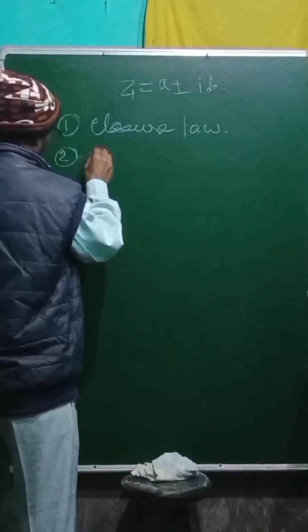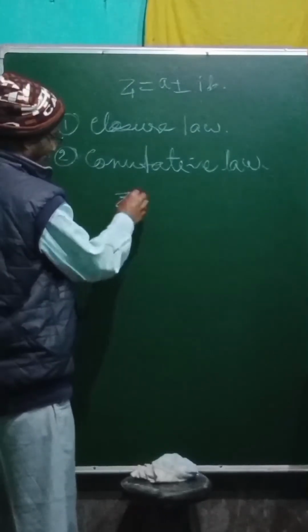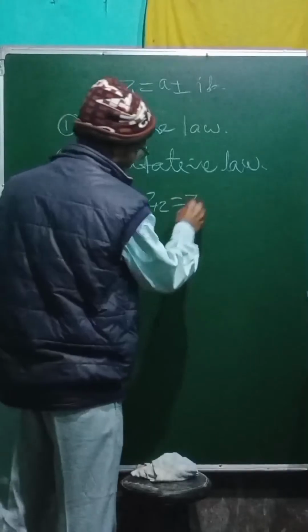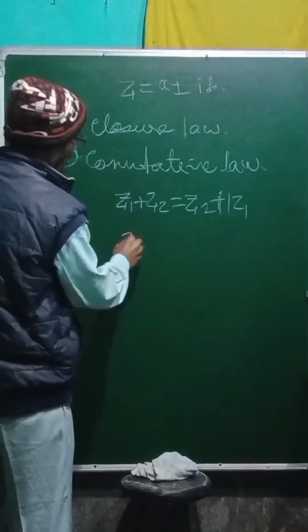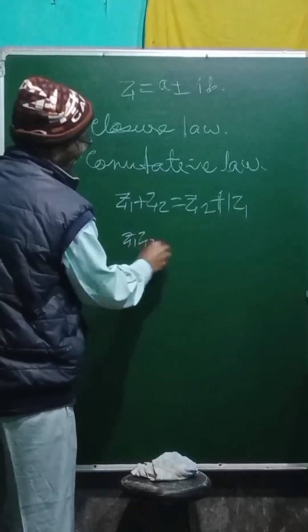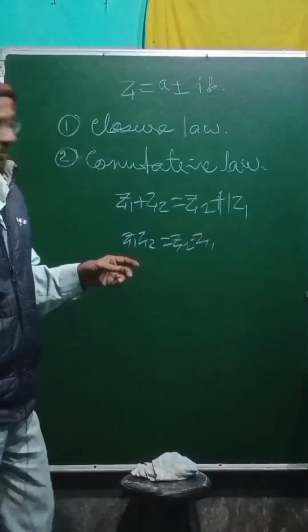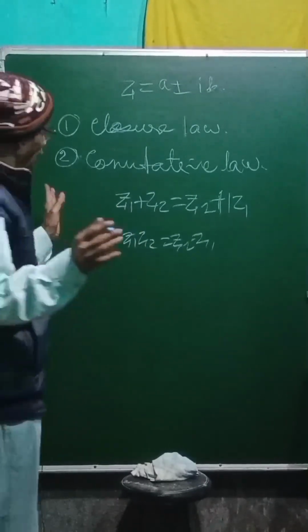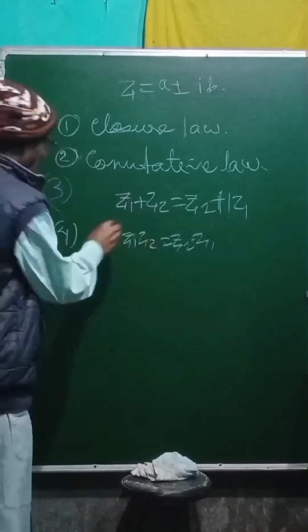And then the commutative law. For addition, z1 plus z2 is equal to z2 plus z1. In multiplication also, z1 into z2 is equal to z2 into z1. By reversing, no problem. So we understand like that: closure law, commutative law, distributive law, associative law.